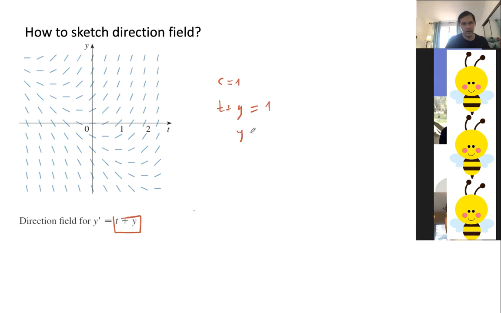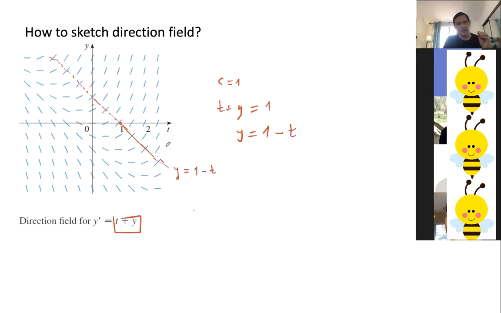So y is going to be equal to 1 minus t. If we take t to be 0, then this one. Okay, so the isocline will look like this. This is the line y equals 1 minus t.